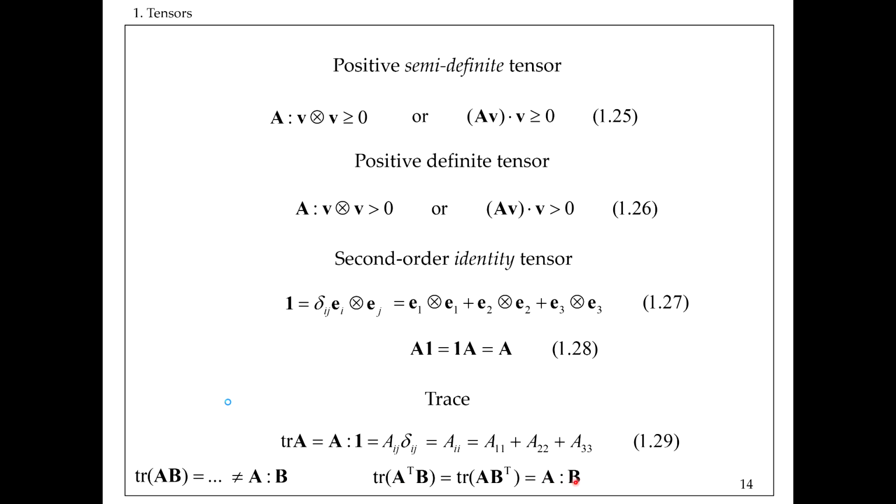That's something that we can easily show by looking into what this double contraction will give us. It will be the difference of which indexes we exactly match, right? When we multiply in double contraction, the first index here is coupled with the first index here, and the second index with the second index.